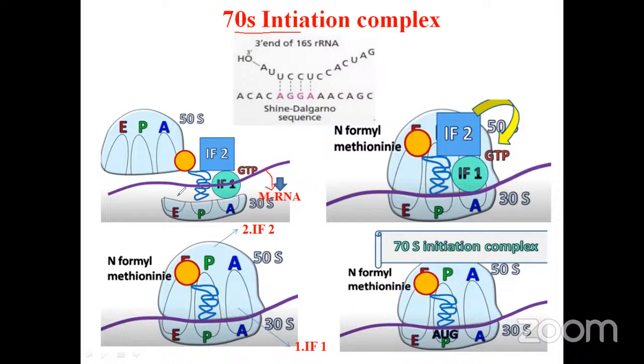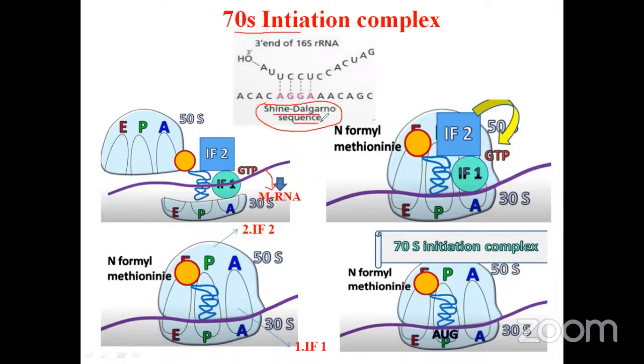Where exactly does it bind? The mRNA has a specific sequence to find the 30S subunit, a specialized sequence called the Shine-Dalgarno sequence.